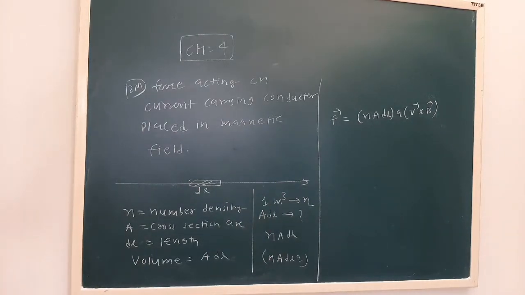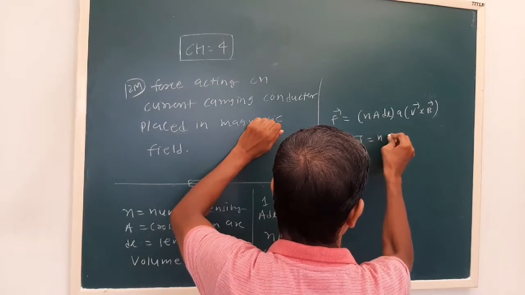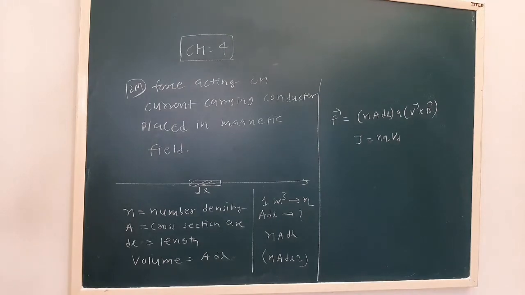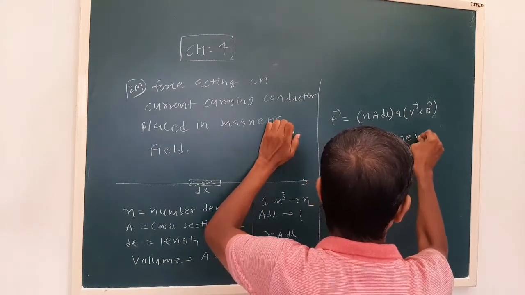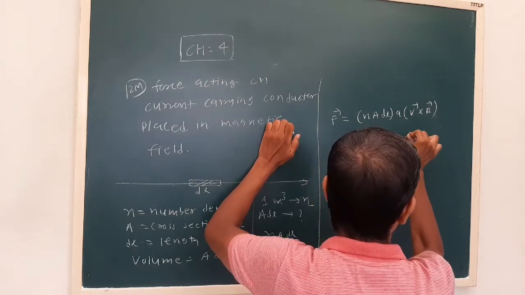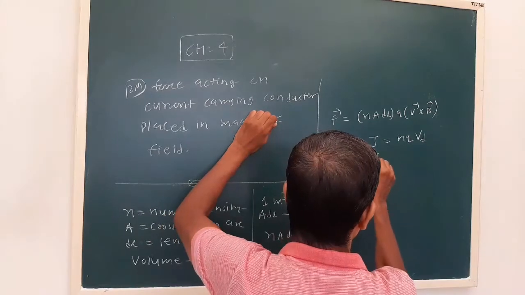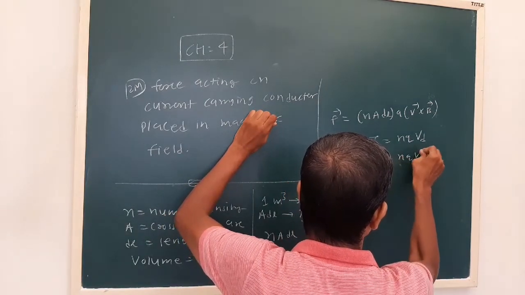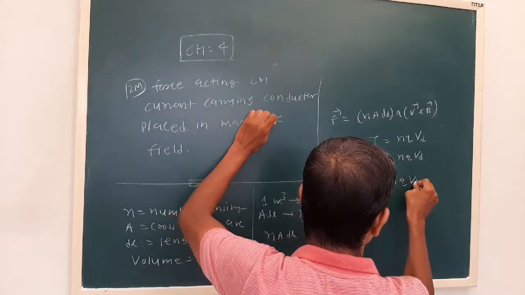Now current density J is equal to n q vd. Earlier we used to write J is equal to n e vd, instead we write n q. Now J is I upon A, which is n q vd. So I is equal to n q vd A.